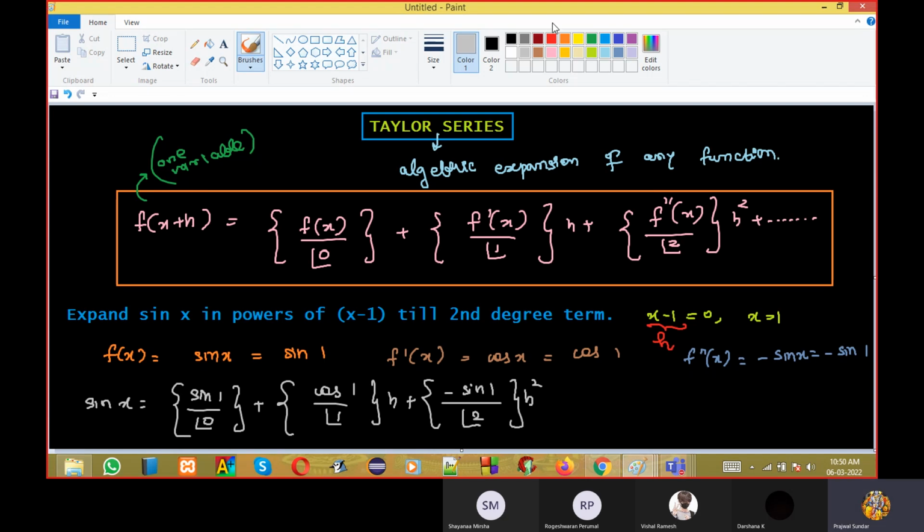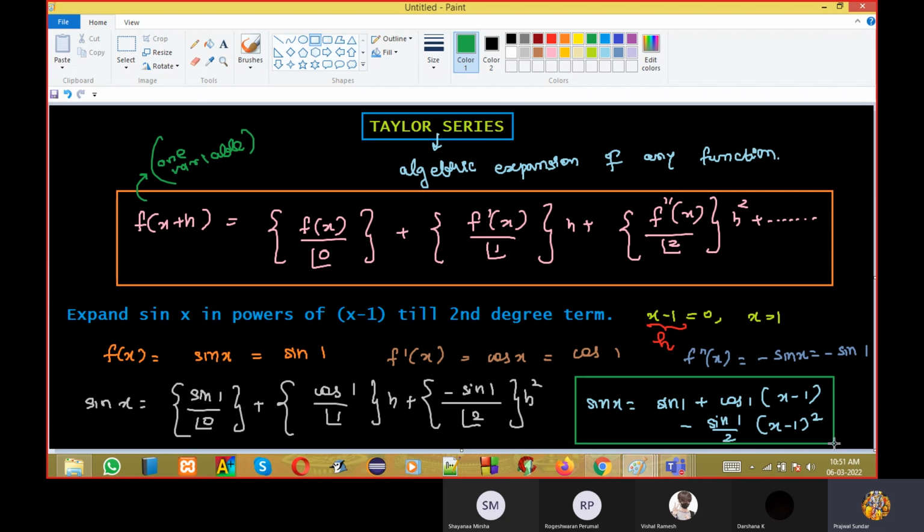Now finally you replace h by x minus 1. So sin x will be sin 1 plus cos 1 into x minus 1 minus sin 1 by 2 into x minus 1 whole square. This is the expansion for one variable.